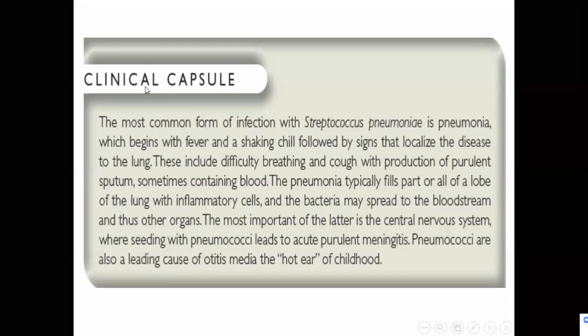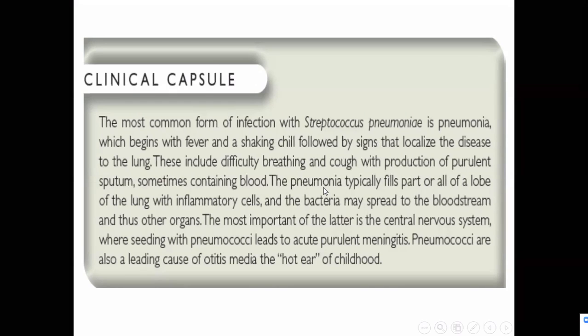This is the clinical capsule of this microorganism. It can cause many infections, starting with pneumonia, and from a localized infection, this microorganism will spread.